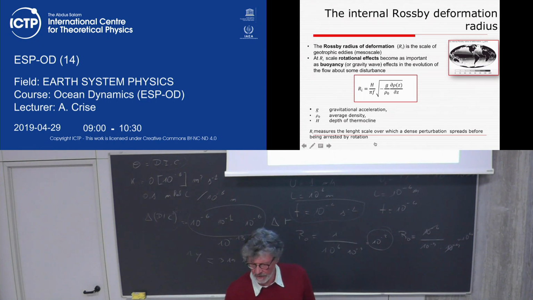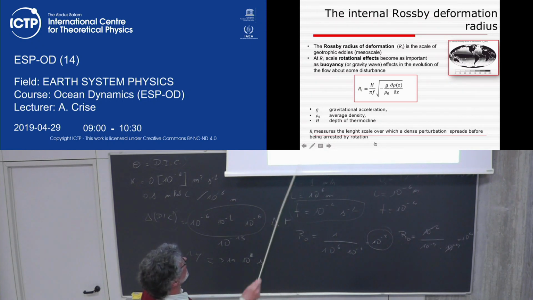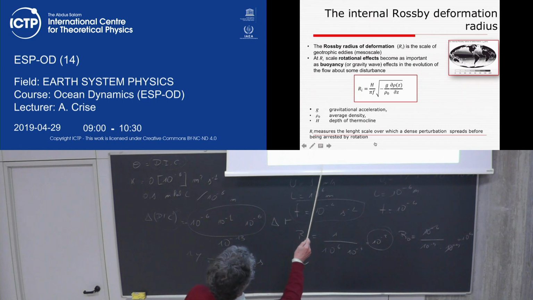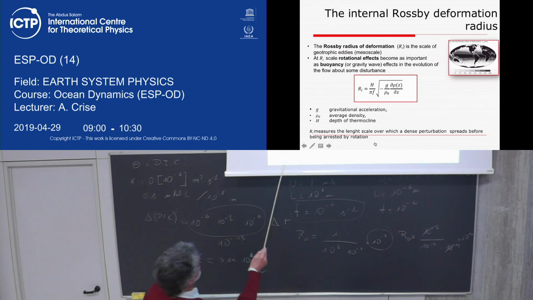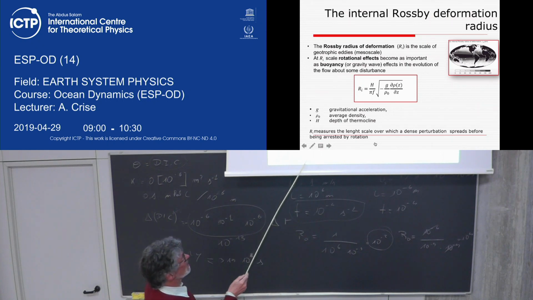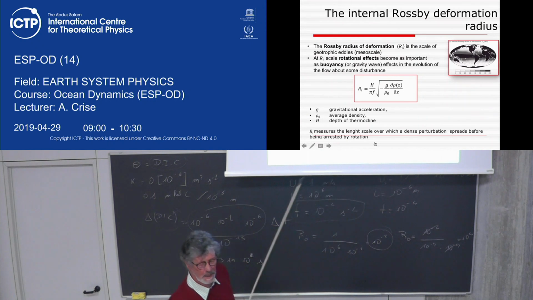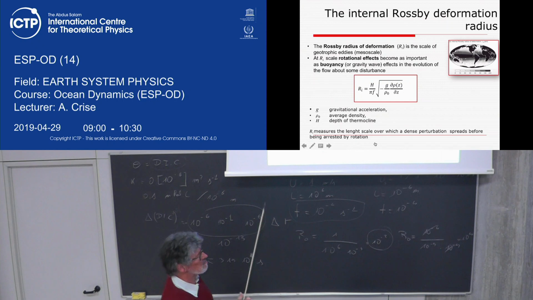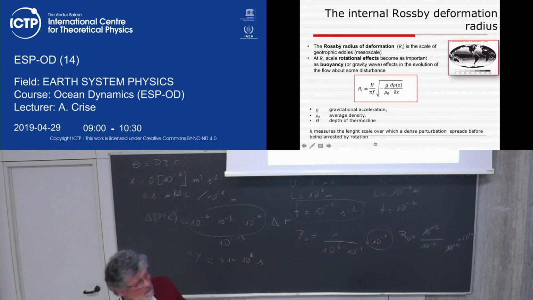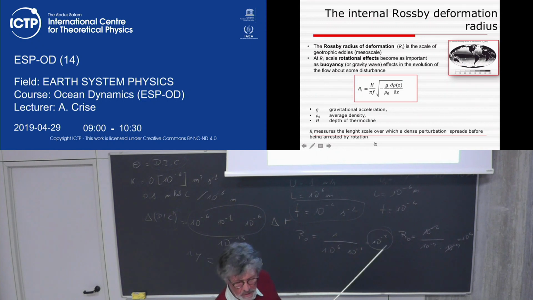Maybe you have already heard about it earlier. At this scale, the rotation effect becomes as important as buoyancy or gravity. Essentially, this is proportional to a typical depth scale, which could be the permanent thermocline depth, and inversely proportional to the Coriolis term.